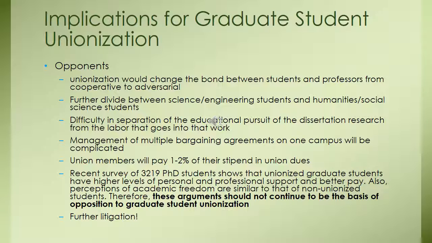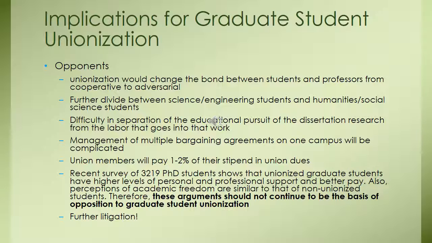The most recent NLRB decision has affirmed that graduate students can have both an educational and economic relationship with their institution, that graduate students can be both student and employee, and colleges could be both educator and employer. Because of this decision, the appetite for graduate student unionization is growing.